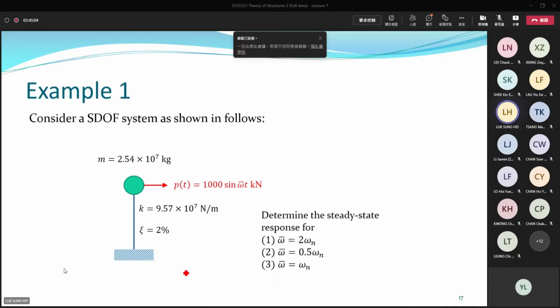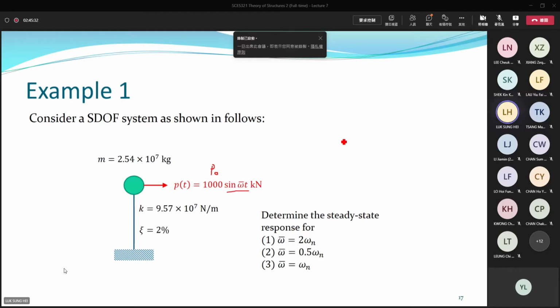One very simple application. Example 1. Assume that we have a single degree of freedom system. I give you the mass, stiffness, and damping ratio. Suppose this system is under a sinusoidal force. The force amplitude is 1000 kilonewtons. It is a sinusoidal force.